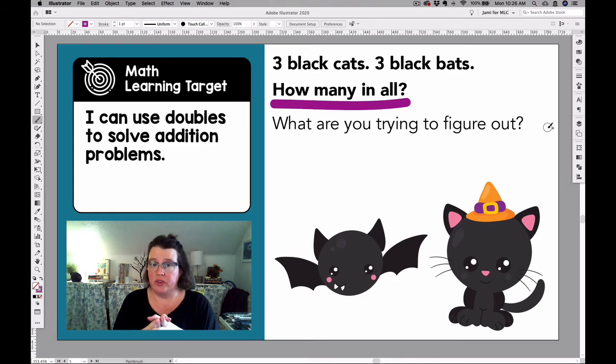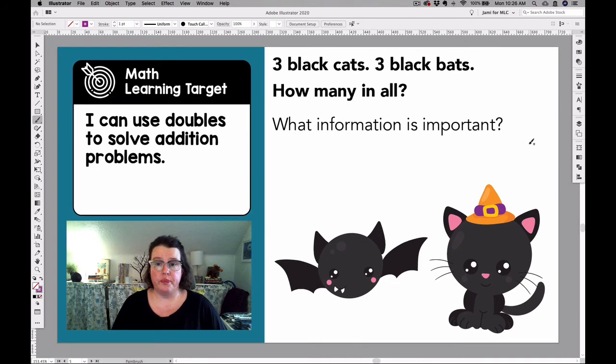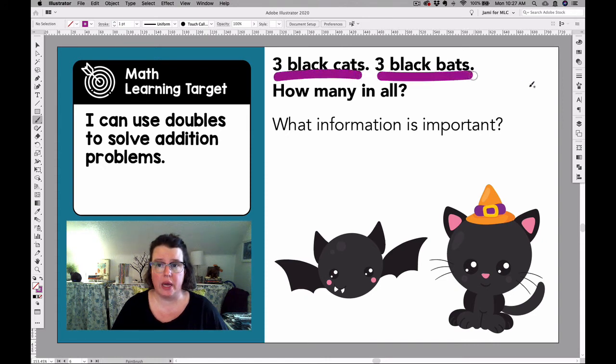So that's what I'm trying to figure out. What information is important? The numbers are important. I'm going to look for the numbers. 3 black cats, 3 black bats. That's important. I have 2 groups of 3.